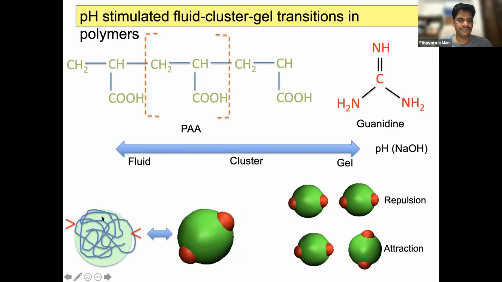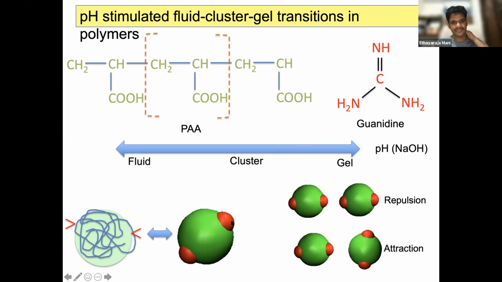We coarse-grained the entire polymer coil as a soft sphere, which is shown as green here. And the position of the guanidine is shown as two red patches.